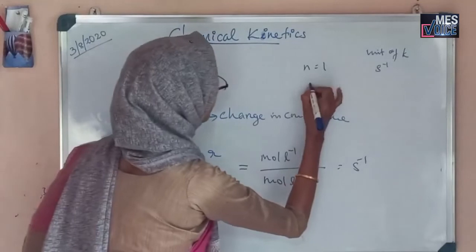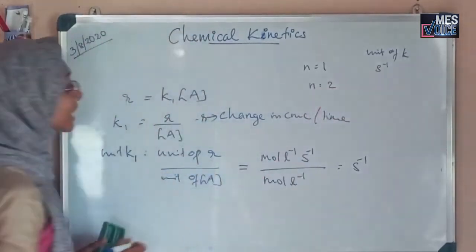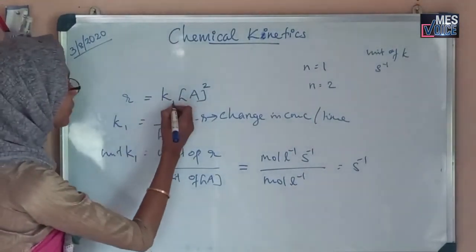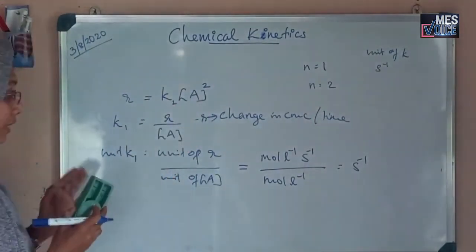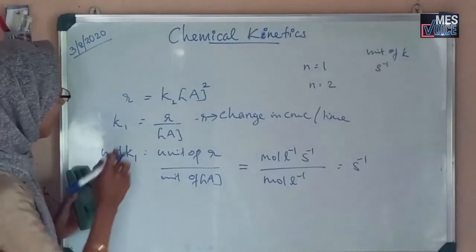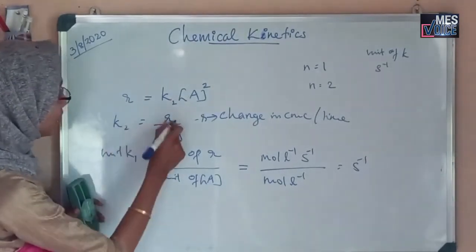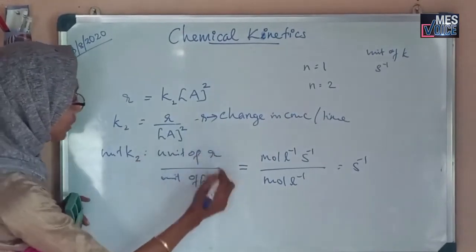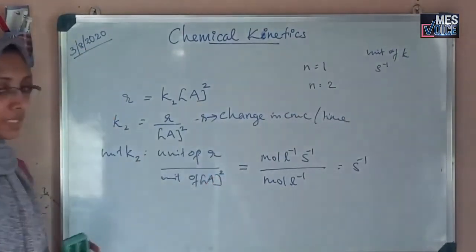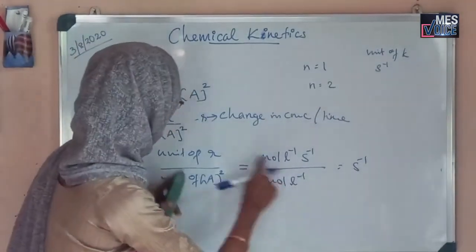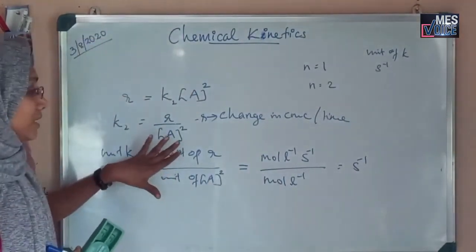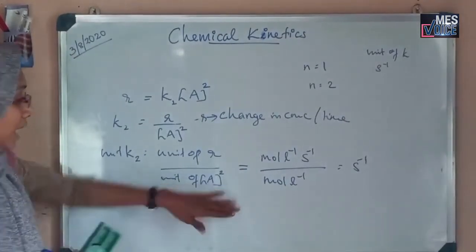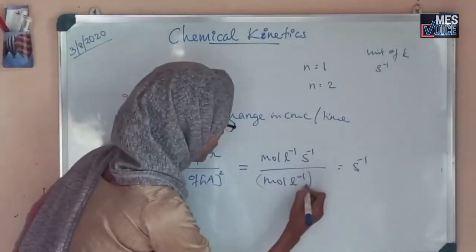Then what is it when n is equal to 2? That is for a second order reaction. Here r is equal to k2 into [A]². Then k2 is equal to r by [A]². The unit of k2 is equal to the unit of r divided by the unit of [A]². The unit of rate is not changed, but the unit of concentration of the reactant is squared.